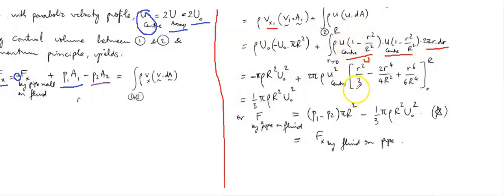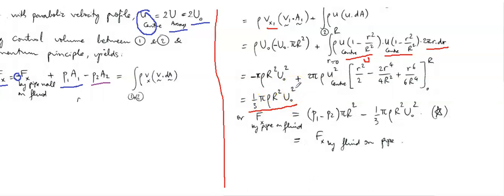So if you simplify, just multiply this one at first, then integrate it, and you will get this term. I believe we solved some similar problems, and you already know how to do these simple integrations. Just put in this limit, and if you simplify, we will get this expression: 1/3 pi rho capital R square and u naught square.